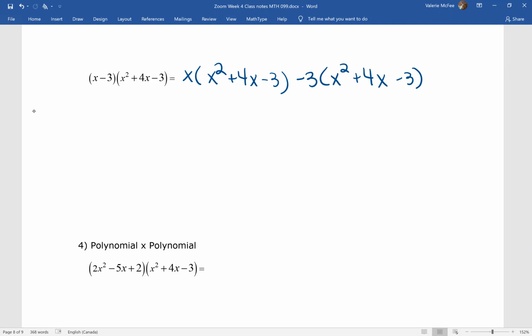Why don't you pause the video and see if you can finish this? We're using the distributive property to open our brackets. Now we're multiplying by -3.